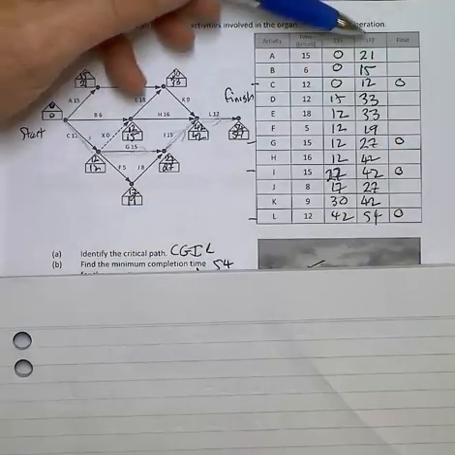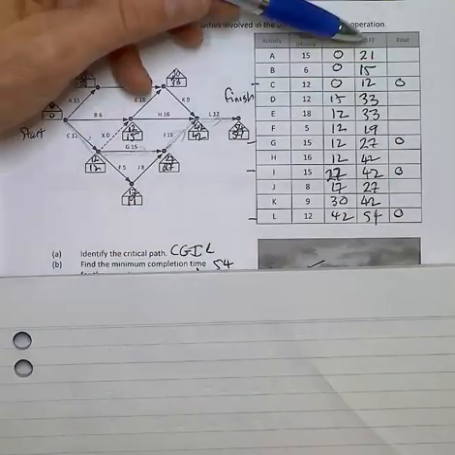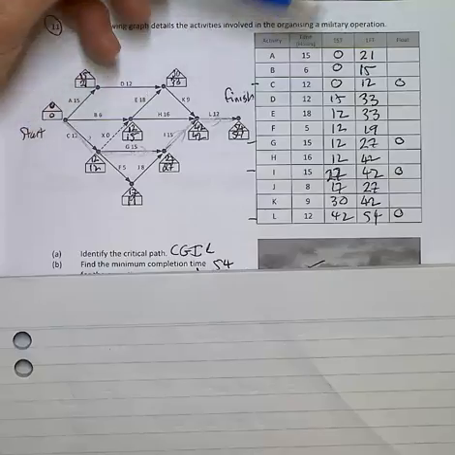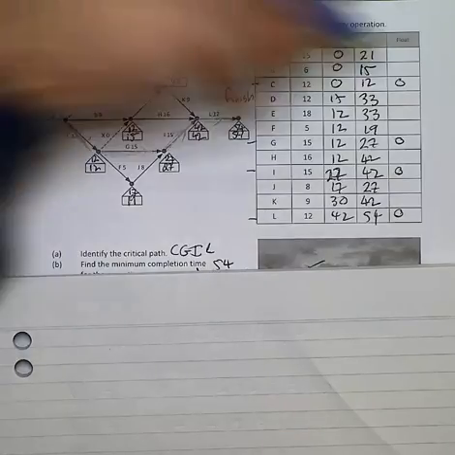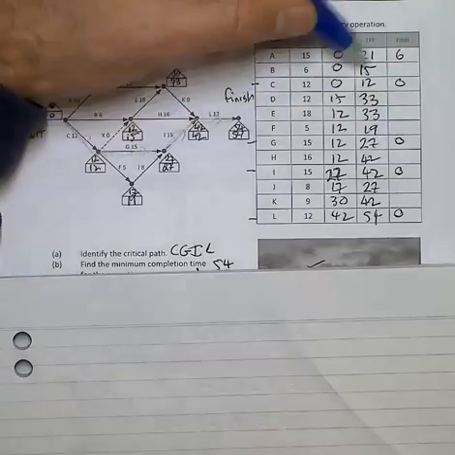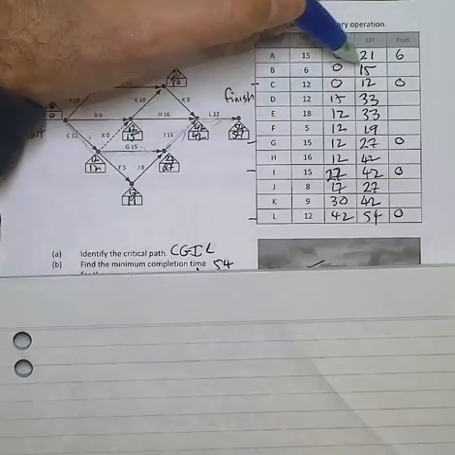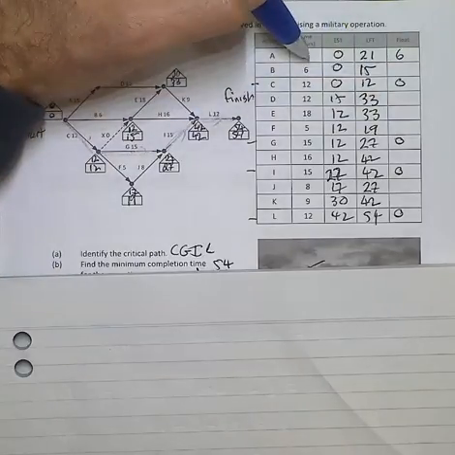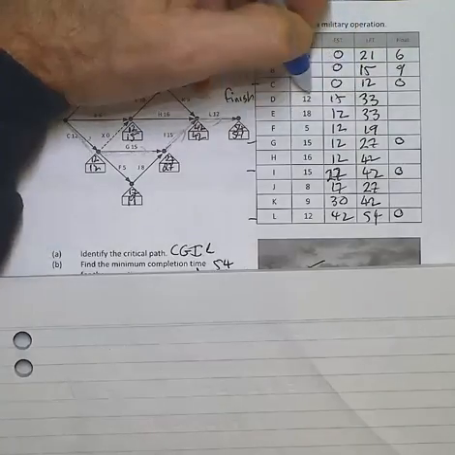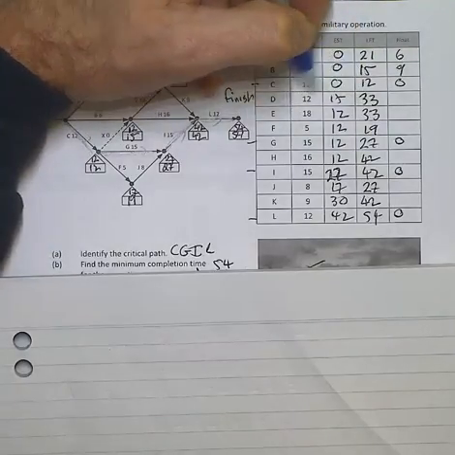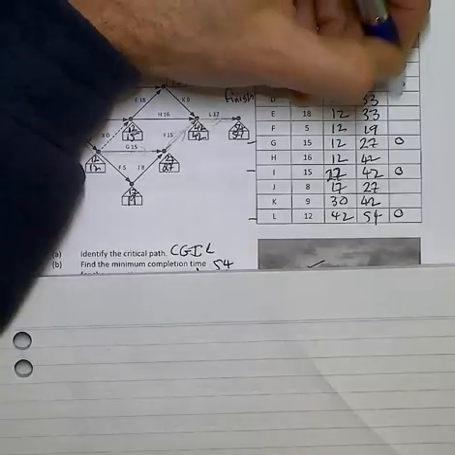So what I now do, I look at the lengths of the activity and I do a subtraction. So in the instance of 21, take 0, take 15 gives me a float. So I'm kind of working from right to left. 15, take 0, take 6 is 9. 33, take 15, take 2 is going to give me 6.